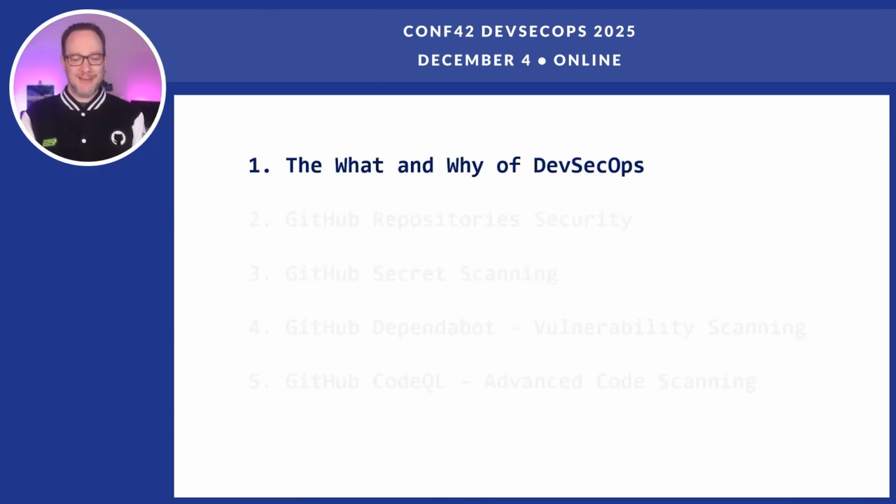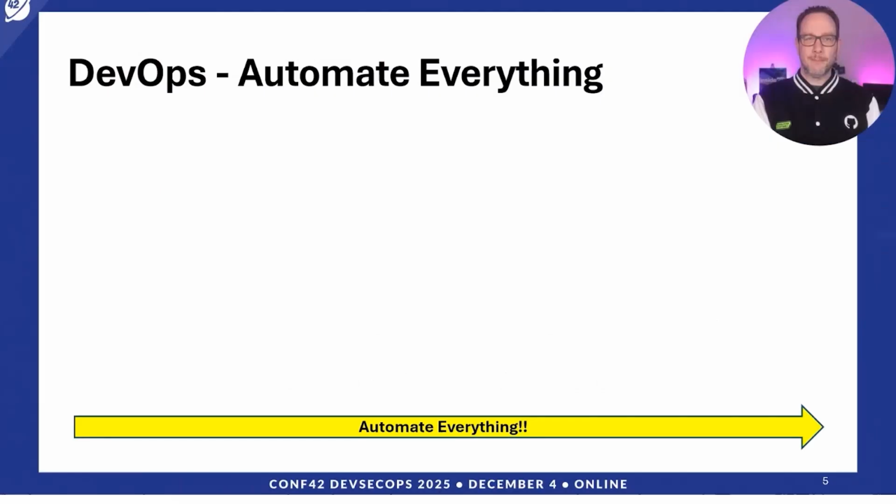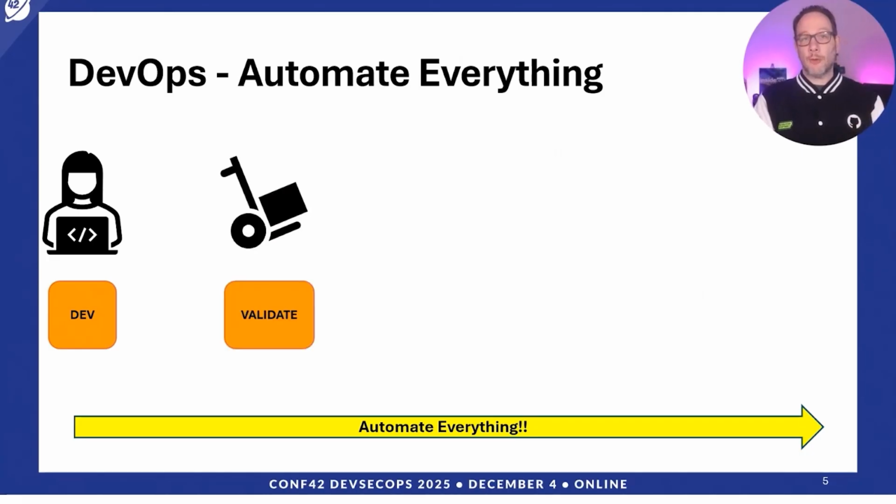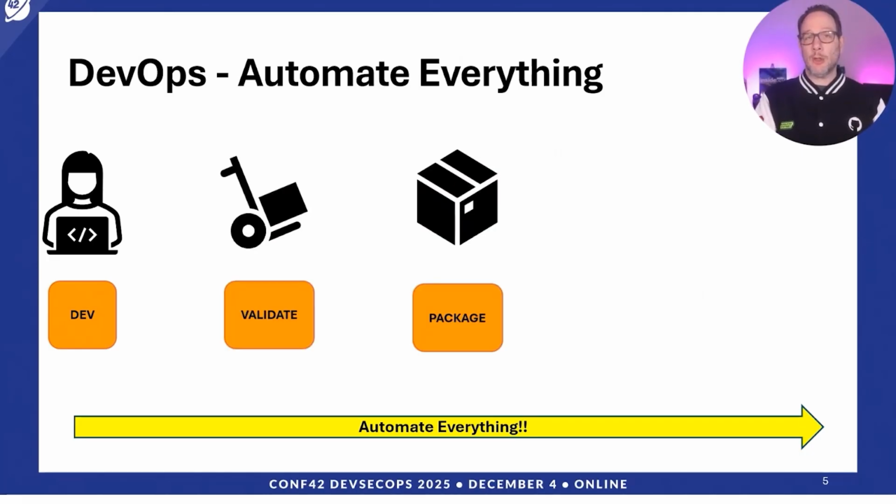So I think with that, let's get started with the first section, the what and why of DevSecOps. While DevOps is primarily focusing on the collaborative culture between developers and operations teams, the ultimate goal is really automating everything, automating yourself. Now the flow looks a bit like this. Developers write code, where the code gets validated and from there gets packaged during what we call the build stage.